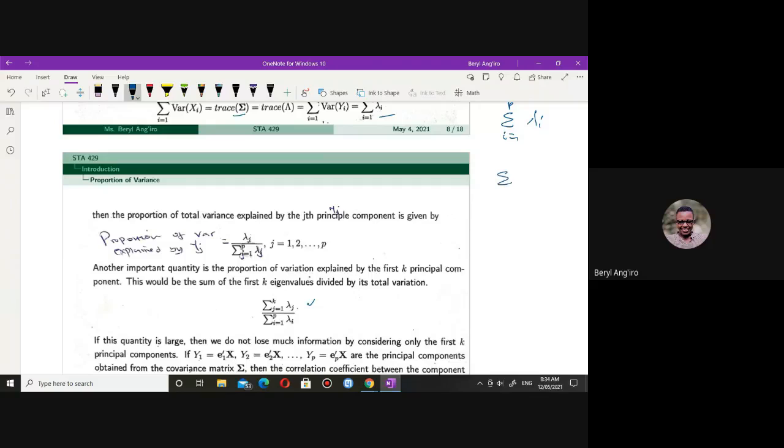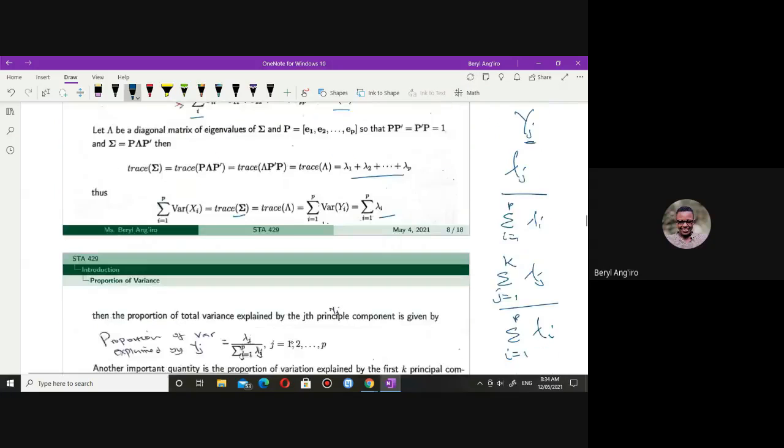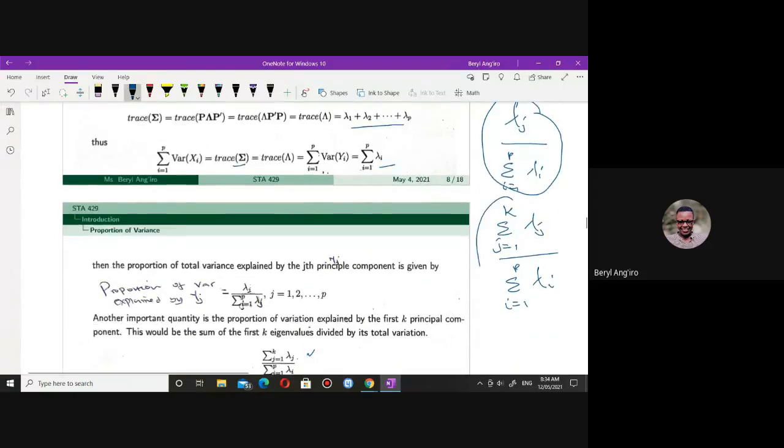That is the sum of j from 1 up to k of lambda j divided by the total sum of i from 1 to p of lambda i. So this is the proportion of variance explained by the jth principal component, and this is the proportion explained by the first k principal components.